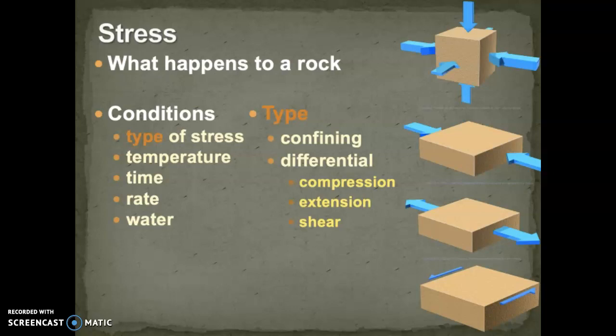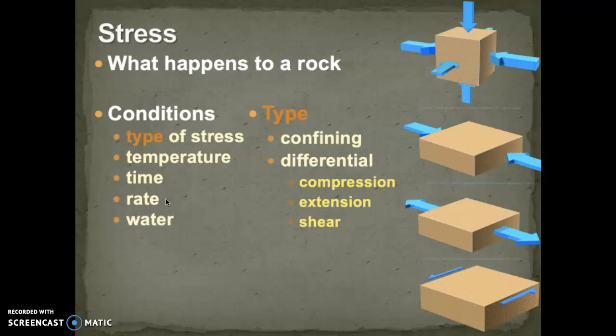Some other stress conditions that we're interested in are going to be the temperature. So if a rock is really hot, it's easier to change its shape. Time and rate. If we take a lot of time and proceed slowly, we're going to get one set of responses.